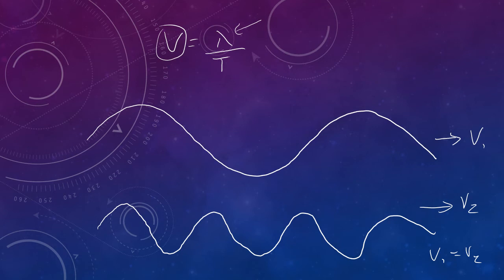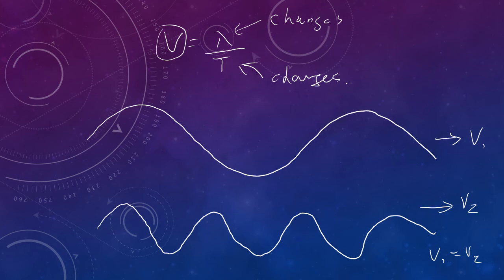So the speeds are fixed. So if the speed is fixed and this one changes, then this one here will also have to change in order to maintain the constant velocity. It's to do with the density of the rope in this case, or the thickness of the air, or the water, all sorts of things, whatever the wave is propagating through, but the velocity is fixed.